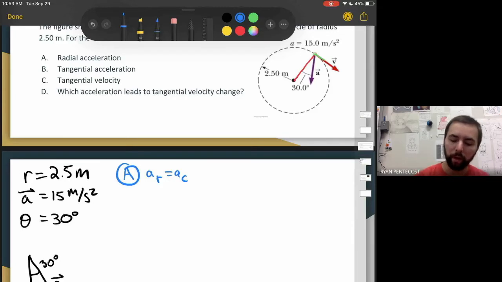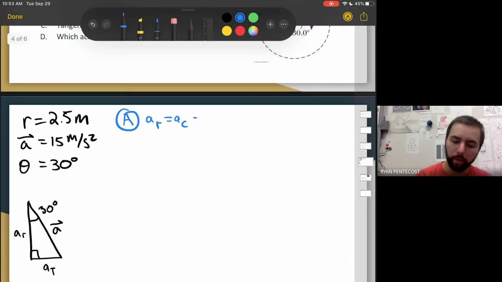So if we want to find AR, we would take A. We want to use adjacent, which would be cosine. So we'd take A cosine 30 degrees, because cosine of 30 degrees is adjacent over hypotenuse, which is AR over A. We want to solve for AR, so we have 15 cosine 30.